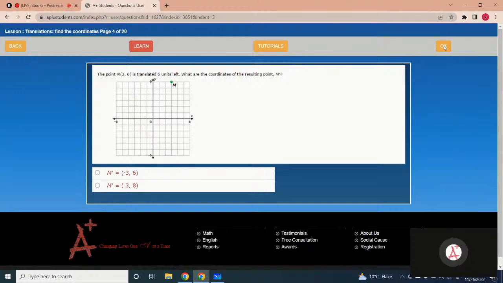Okay, the next one is the point M, 3, 6 is translated 6 units left. What are the coordinates? So which is the correct option? 6 units left. So what are the new coordinates?